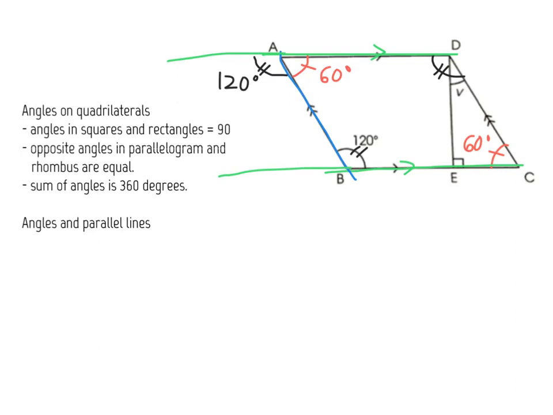While at the bottom of the parallelogram, the angle beside 120 degrees, if you extend this line, is 60 degrees. So 120 plus 60 is actually 180.